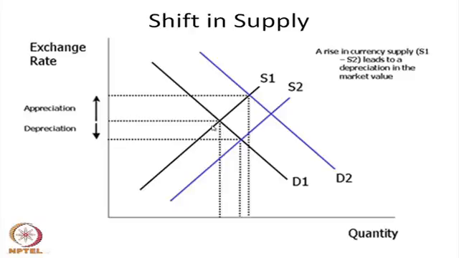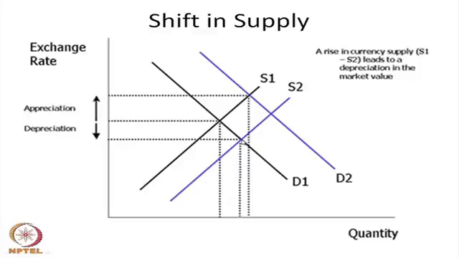When supply increases, when there is more supply of foreign currency in the domestic economy, the supply curve shifts with a parallel shift, and the new supply curve is S2. The quantity increases, and with more supply of foreign currency, its domestic value depreciates. A new equilibrium takes place here; the earlier equilibrium was here.